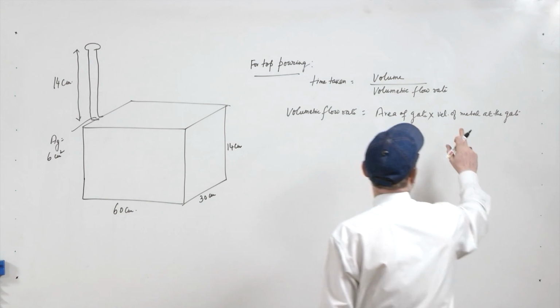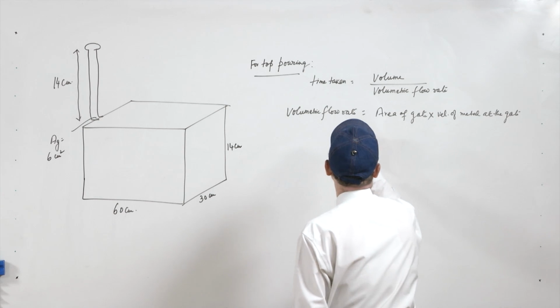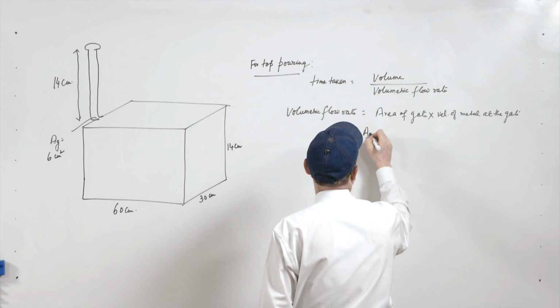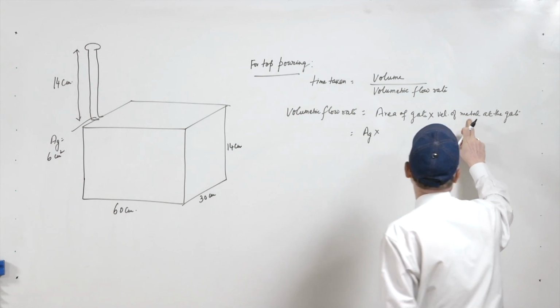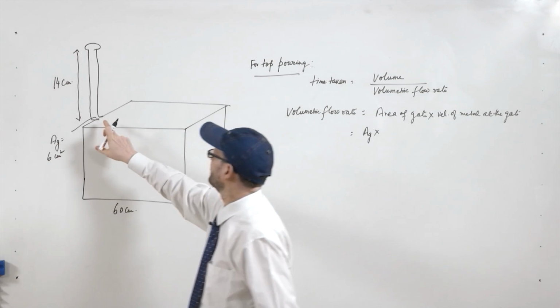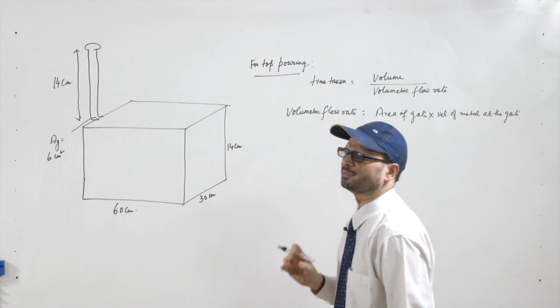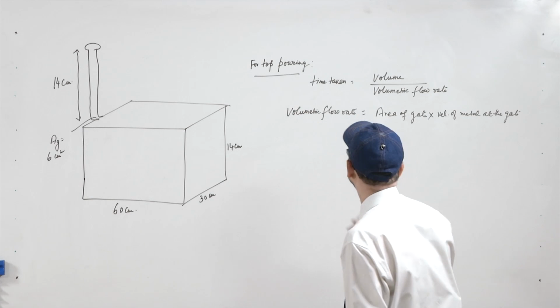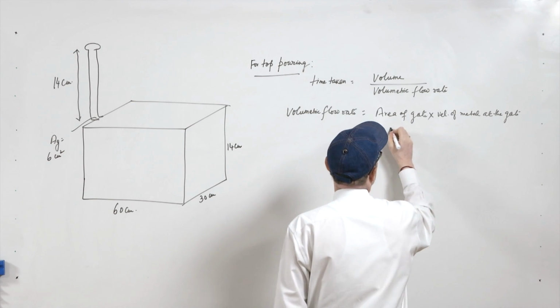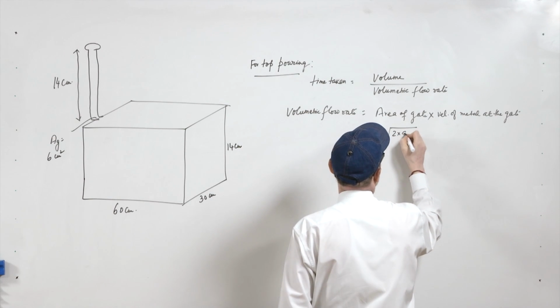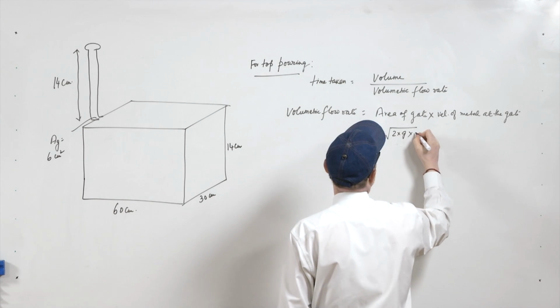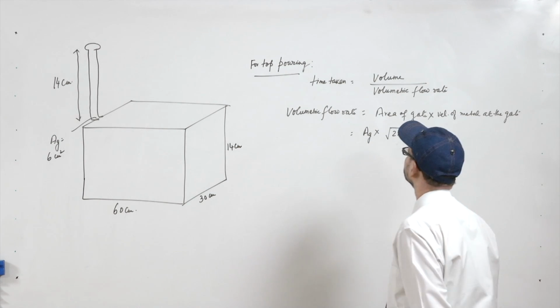So, this is nothing but Ag, and velocity of metal at the gate, since being the top pouring in this case, your velocity will be under root 2 g h. So, it will be under root 2 g into h, 14 centimeter.